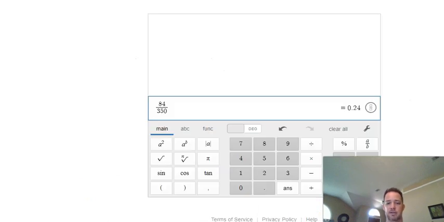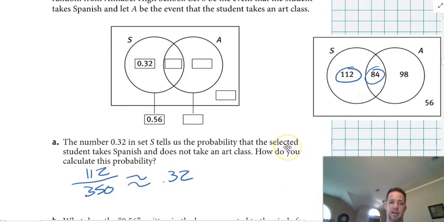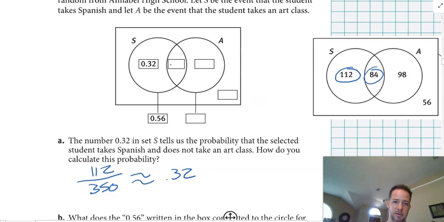So we could do that. 84 out of 350 gives us 0.24, but also notice that that is the sum of the two probabilities. 0.56 is the sum of those two individual probabilities. If there's a 0.32 chance that they're in Spanish but not art, and there's a 0.24 chance that they're in both Spanish and art, you can just add those together. You get 0.56 for the total probability they're in Spanish.